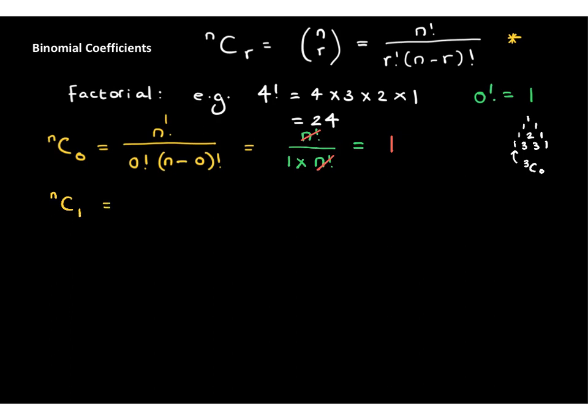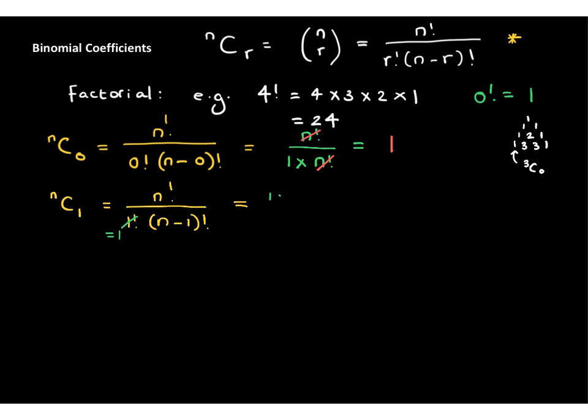So applying our formula again, remember generalised n, that's n factorial over 1 factorial, and this time n minus 1 in brackets all factorial. Now 1 factorial is simply equal to 1, so that's not very interesting, but n factorial over n minus 1 factorial is interesting. Because what does n factorial actually mean?